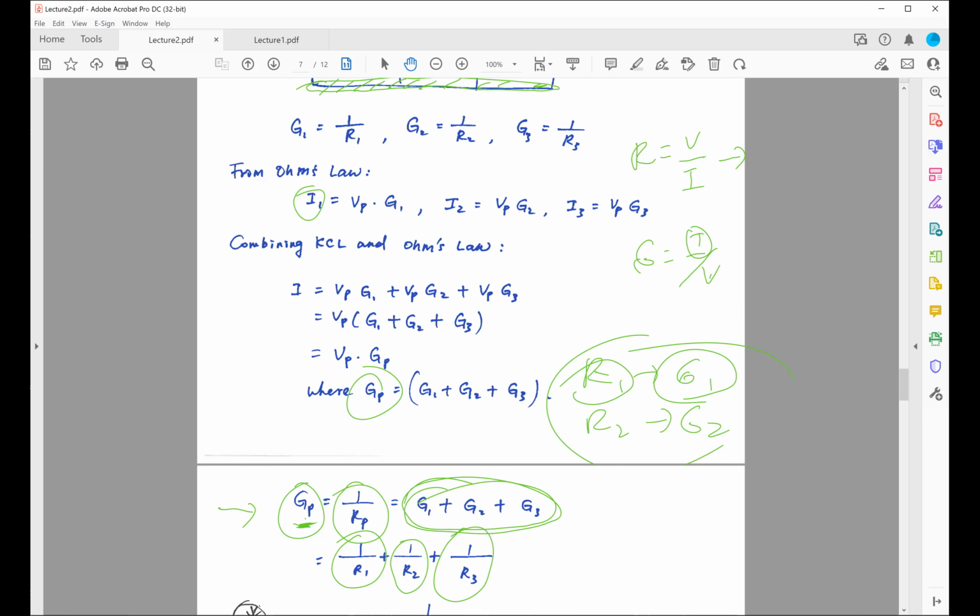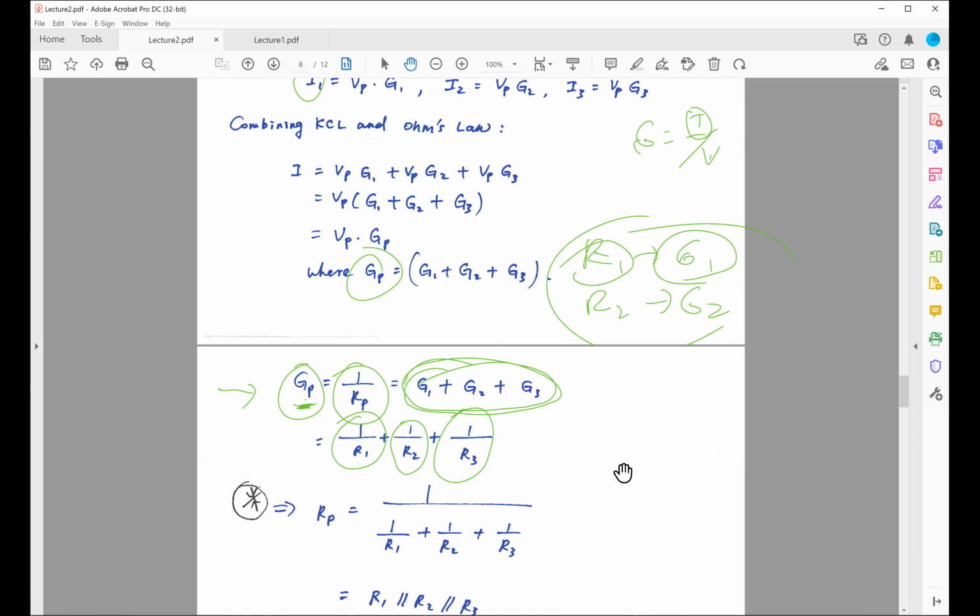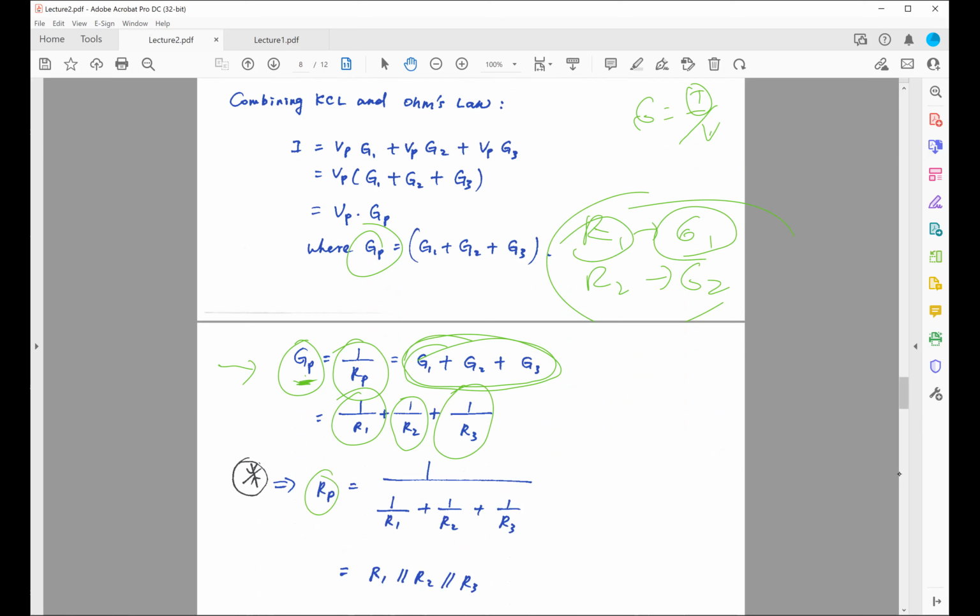So that means Rp, if I were to solve for Rp, I need to get rid of this 1 over, right? So I have to take the inverse again on the other side. So this Rp is going to be 1 over the quantity 1 over R1 plus 1 over R2 plus 1 over R3. And now I can say R1 is in parallel with R2 and is in parallel with R3.